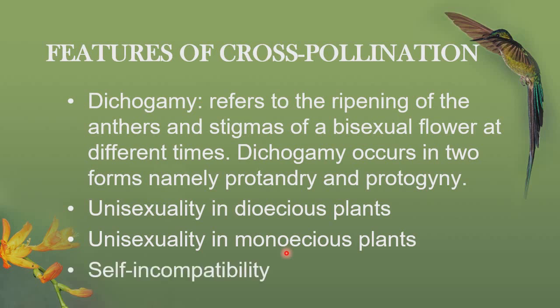We have self-incompatibility as another feature that facilitates cross-pollination. Self-sterility or incompatibility happens when pollen grains do not germinate on the stigma of the same flower, maybe due to the presence of similar self-sterile genes. Maybe that particular flower has some sterile genes so that it cannot germinate on that particular stigma.